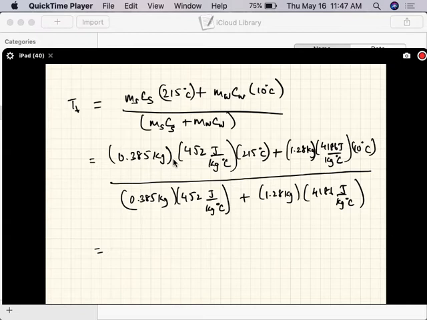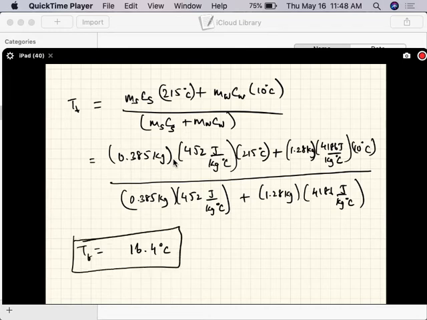Okay, so let's do this. 16.4 degrees Celsius.